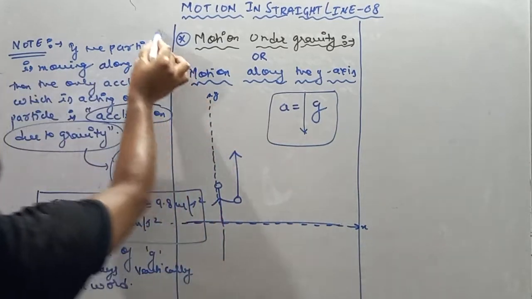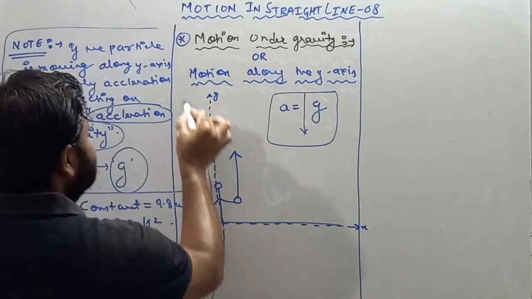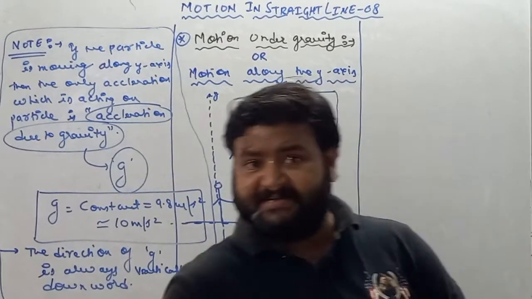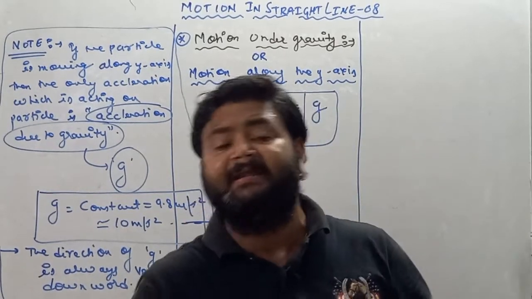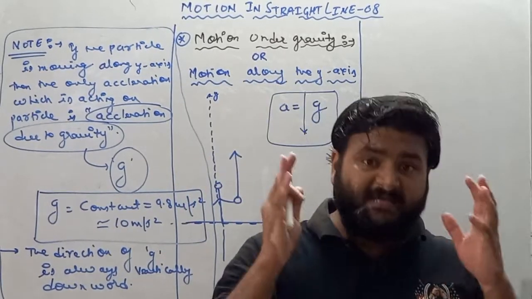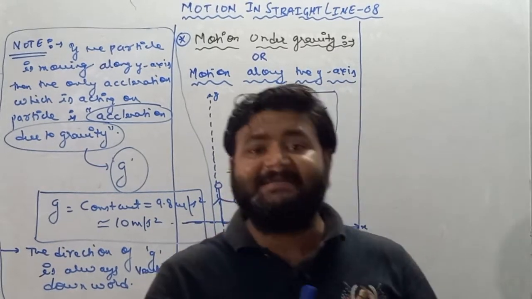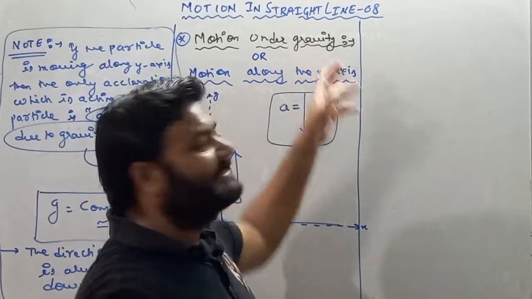This note is very important, and this is the only concept used in motion under gravity. If the particle is performing motion along the y-axis, then that category of motion is considered to be motion under gravity.